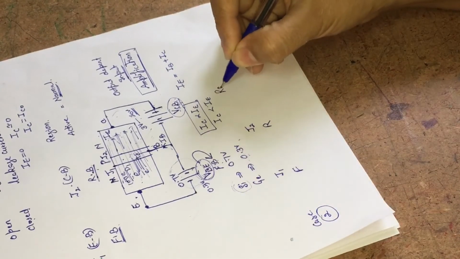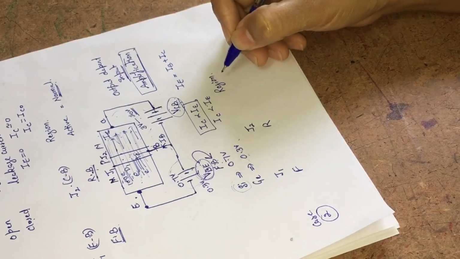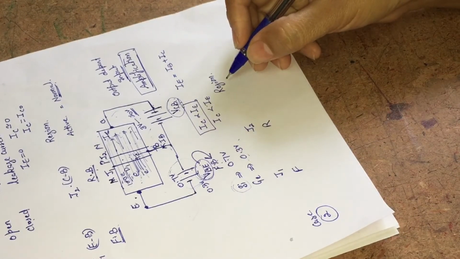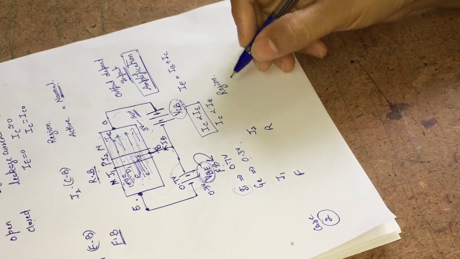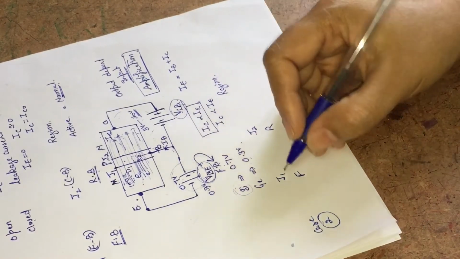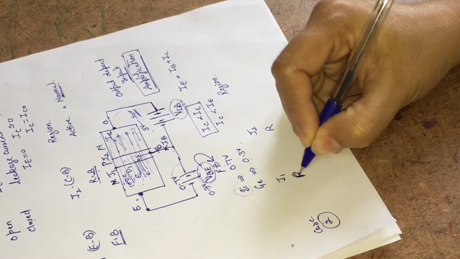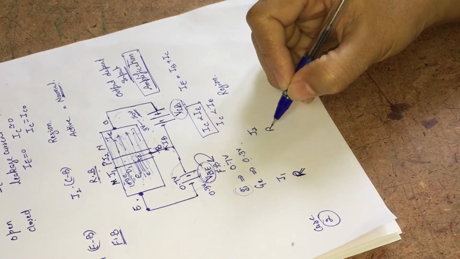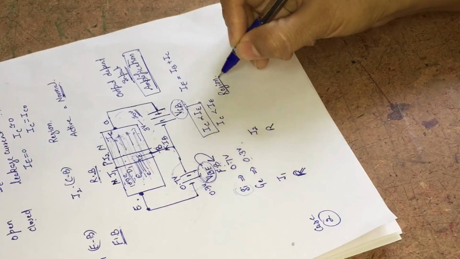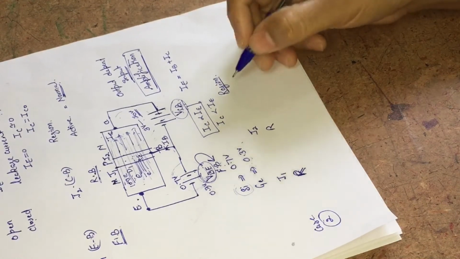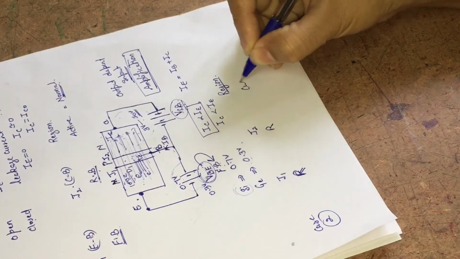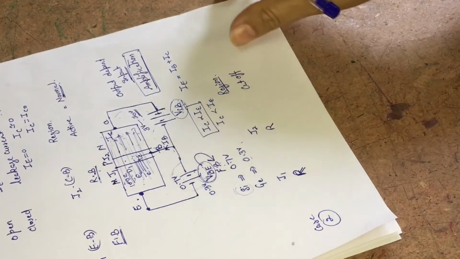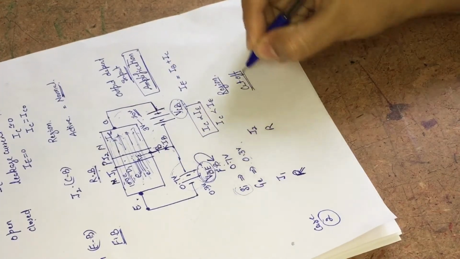Now let us consider the junction J1 is reverse biased and the junction J2 is also reverse biased. Here we find out that our transistor is working in the cut-off region.